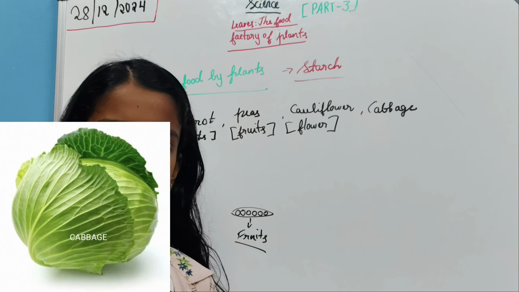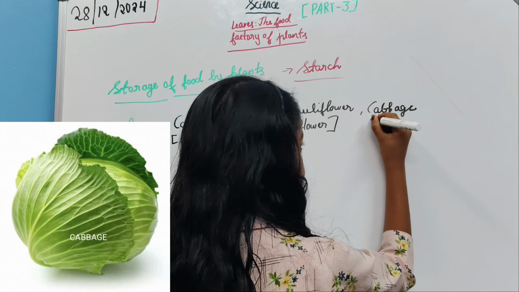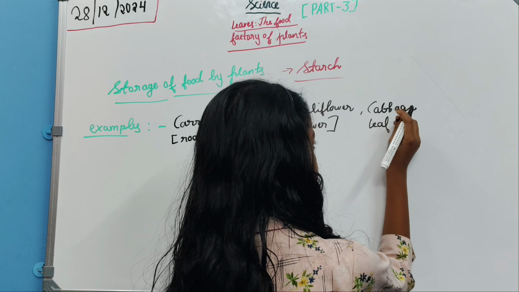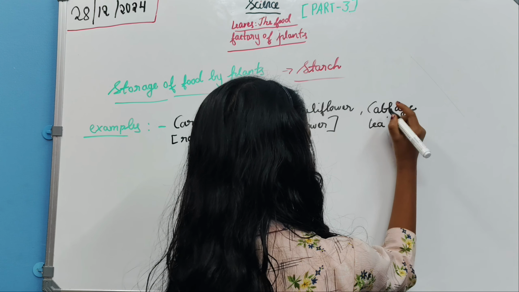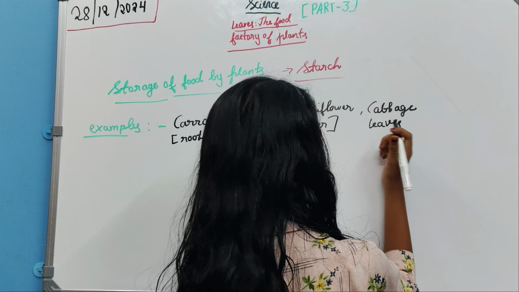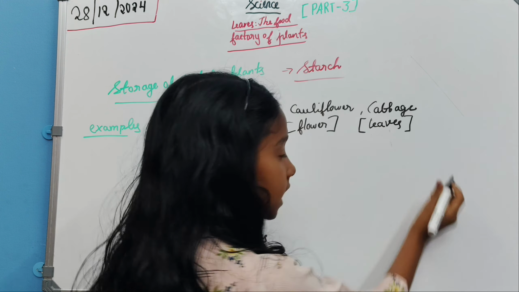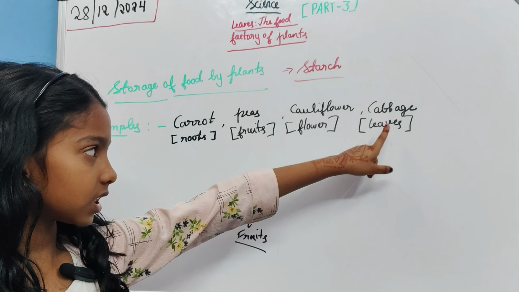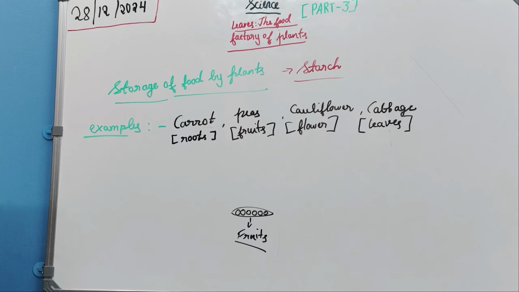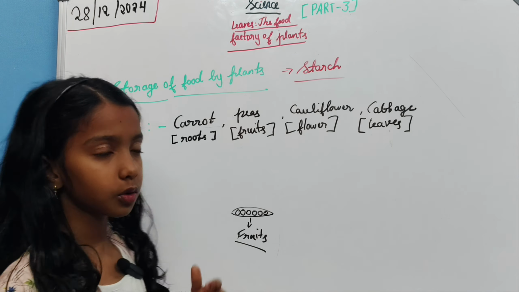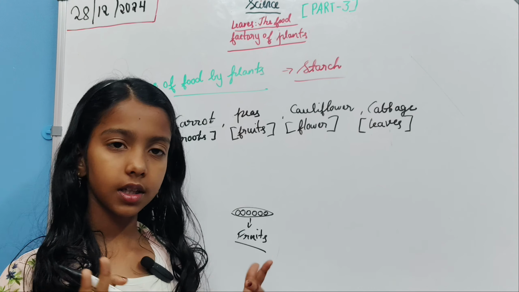Cabbage. Where does the cabbage store? In the leaves. Don't write leaf, because leaf is singular, leaves is plural.